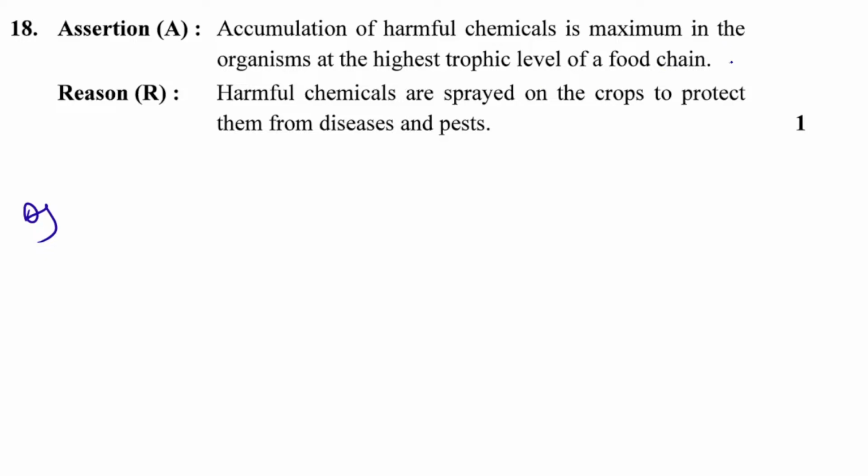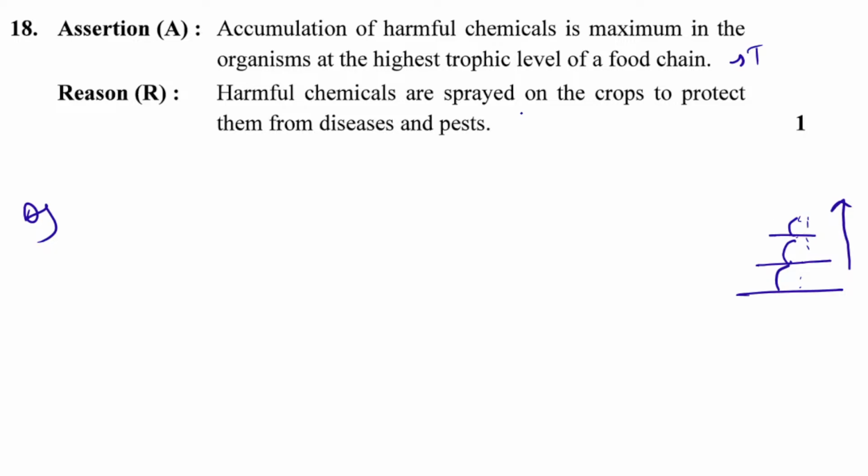Yes, this is true, because the crops contain chemicals, and as the energy is reduced we move to the next level, where whatever they eat adds more chemicals again. As the stages keep moving up, the chemicals keep on adding, because this is eaten by something, and that is eaten by something else, so definitely the chemicals keep adding.